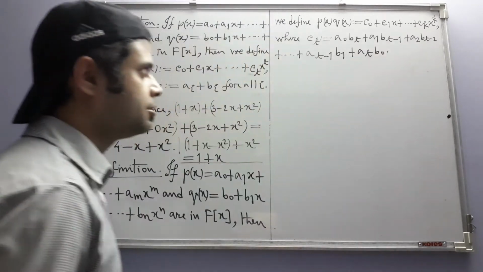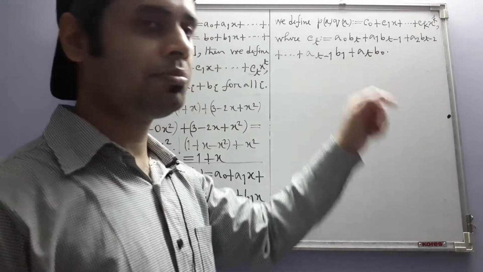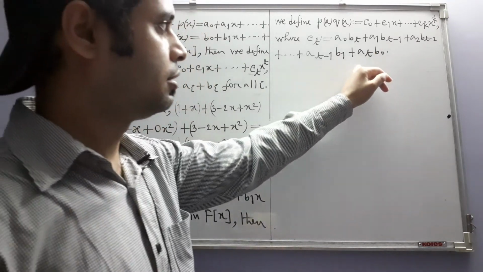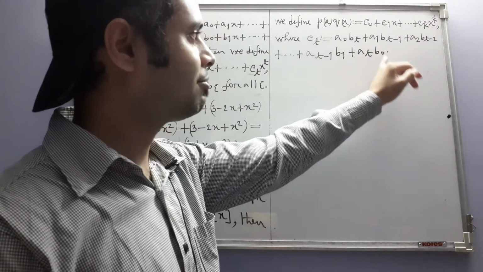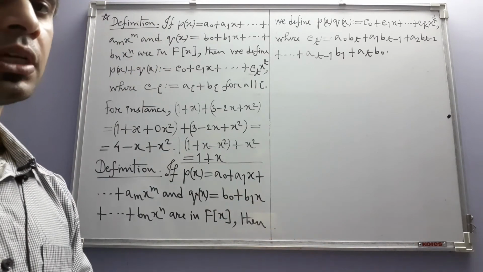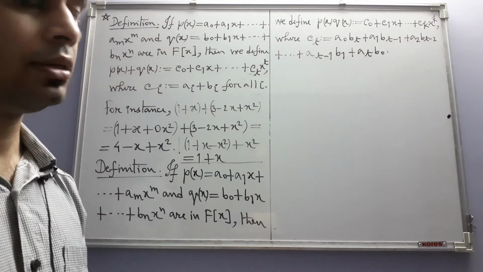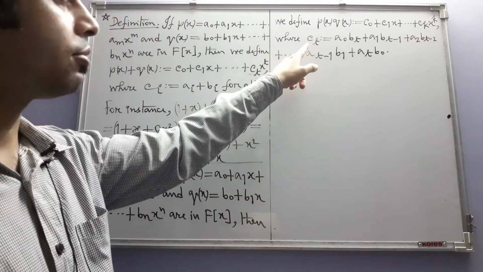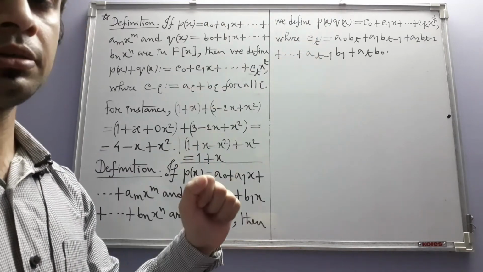So here it stops, because if we take b minus 1 with a t plus 1, we don't have negative suffixes, so it starts here and stops here. That is the coefficient of x to the power t in the product.